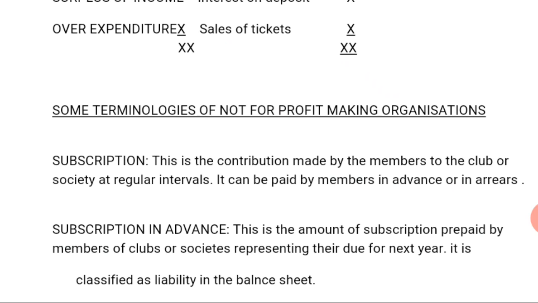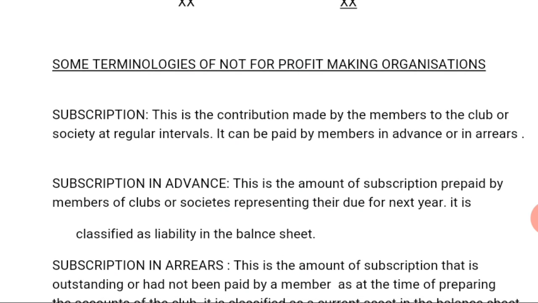Subscription. What is called subscription? This is the contribution made by the members to the club or society at regular intervals.